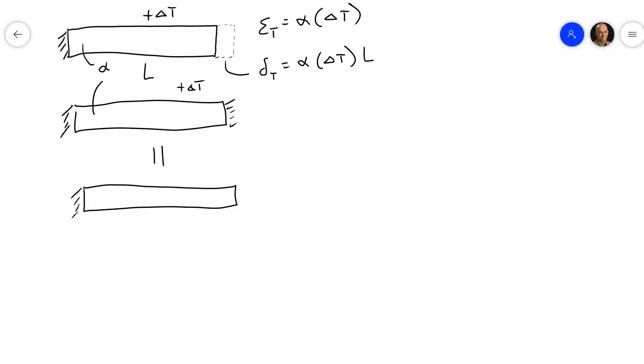In one scenario, we have the change in temperature and we get the increase in length, and also we can look at the force to eliminate that increase in length.